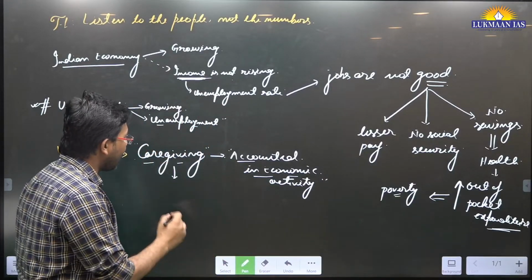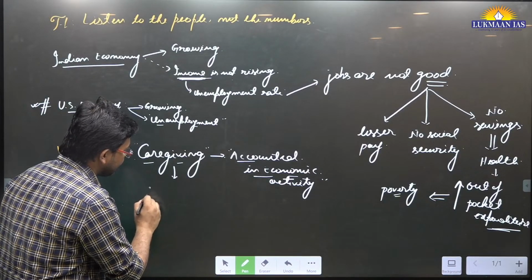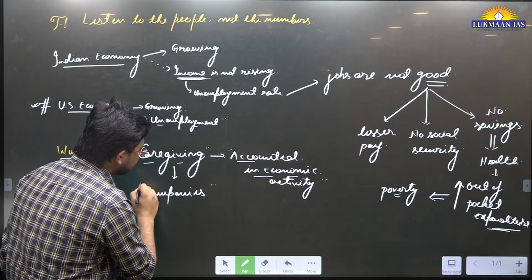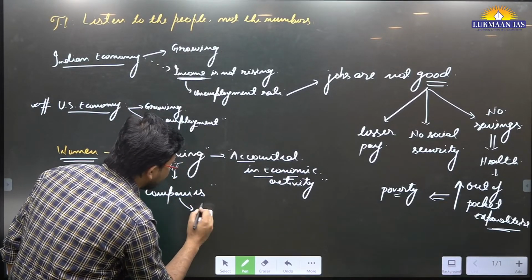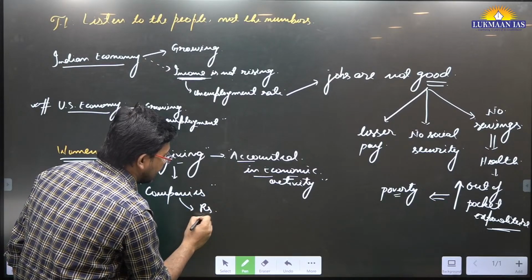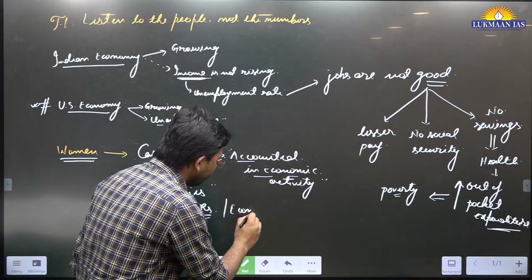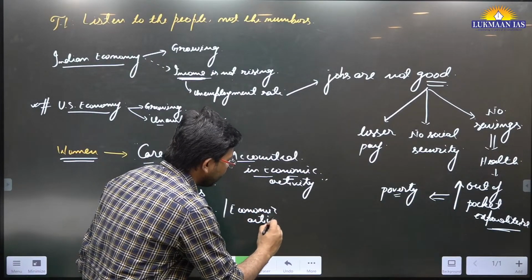They have been pulled out, and now they are going to companies and organizations to work. Since they are going to work, they are earning money, and since they are earning money, now their economic activity is being counted.